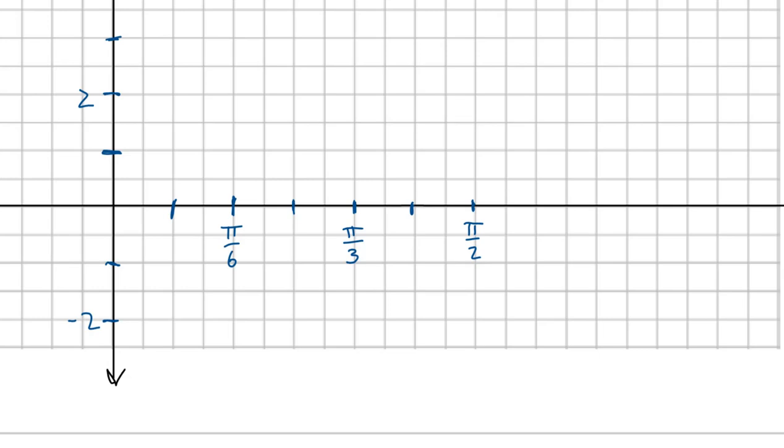which is also 1 pi by 12, 2 pi by 12, 3 pi by 12, 4 pi by 12, 5 pi by 12, 6 pi by 12, 7 pi by 12, 8 pi by 12.